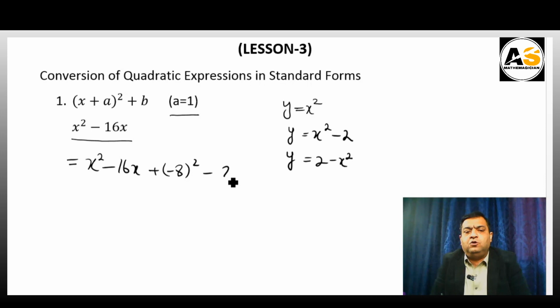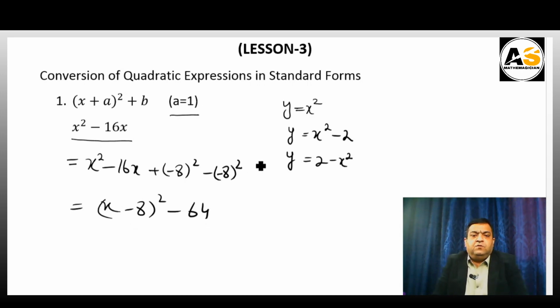By doing so, the first 3 terms will give us a complete square of x minus 8 square, and next is minus 64. We have converted this into this form. Its minimum value is minus 64, and which is at x is equal to 8, not at x is equal to 0. So 8, minus 64 is its vertex.